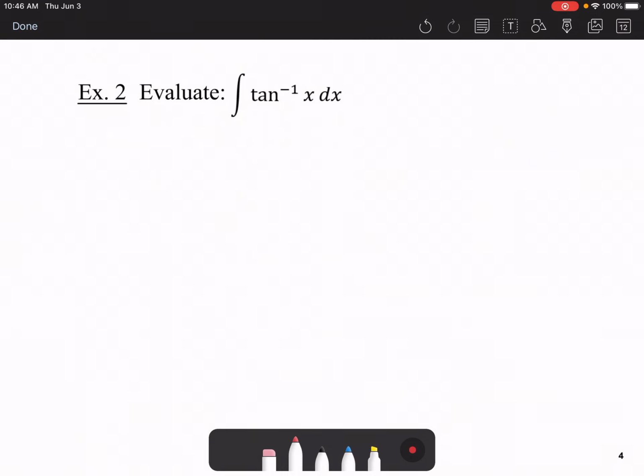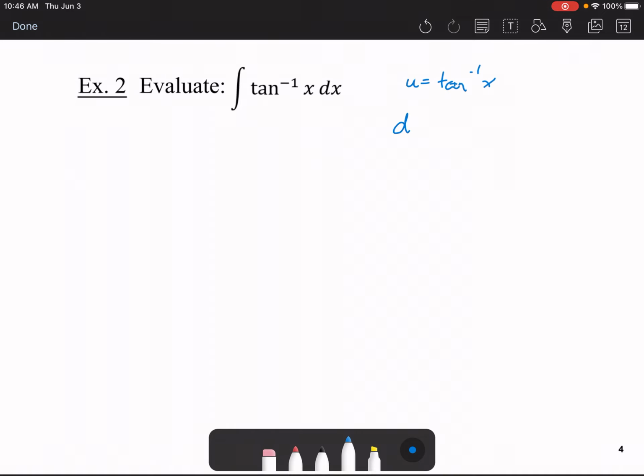Okay, so let's try another one. How about this one? So here I'm going to let u equal the expression tan inverse of x. And I can work out the derivative of this, which is 1 over x squared plus 1, or 1 over 1 plus x squared dx. That means dv is equal to dx, and therefore again v equals x.